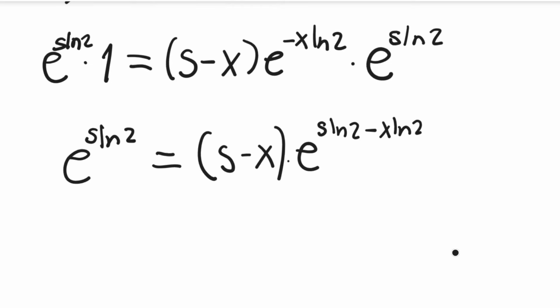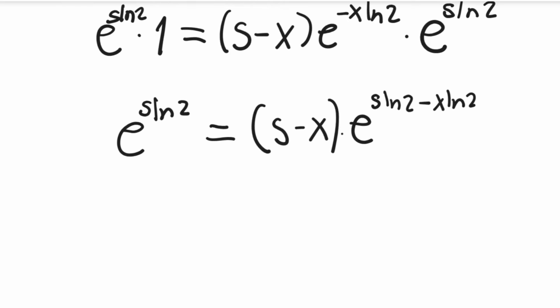And as I said, we can get out this natural logarithm of 2. And also first, I'm going to simplify this as 2 to the 5, because e to the natural logarithm of 2 is just 2, raised to the power of 5. And 2 to the 5 is nothing but 32.